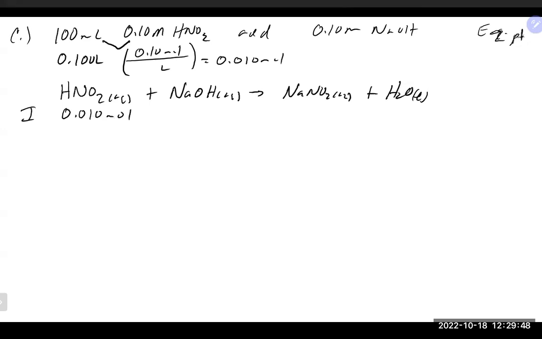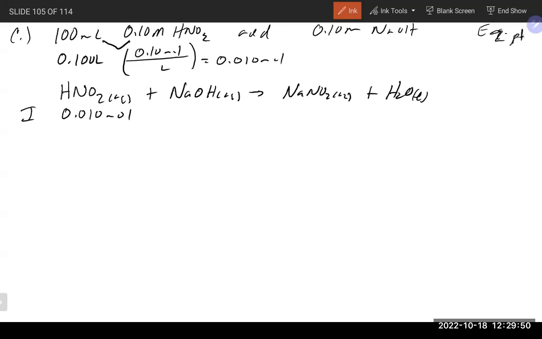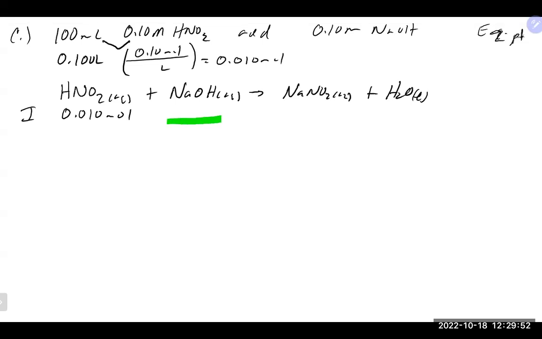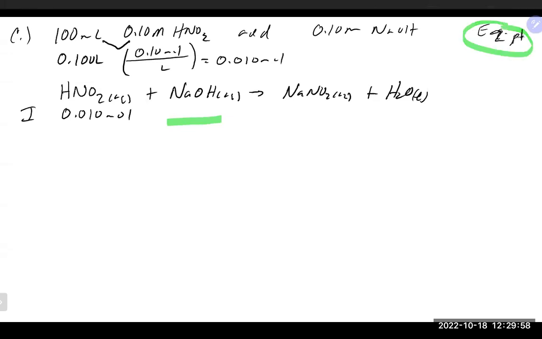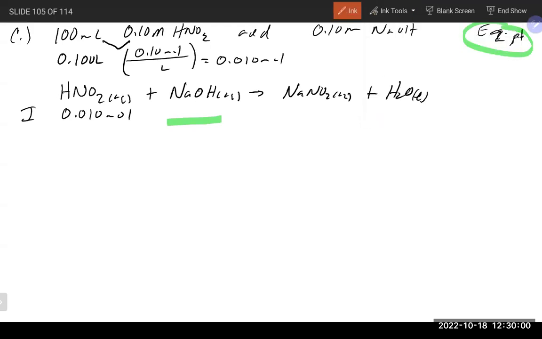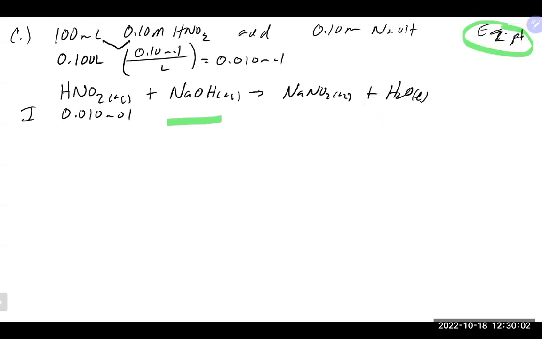So that brings us to this question here, which is the moles of sodium hydroxide, right? We are at the equivalence point. So there's a couple of ways you could figure out the moles of sodium hydroxide, and maybe even more important, the volume to reach the equivalence point, which it did not tell you.